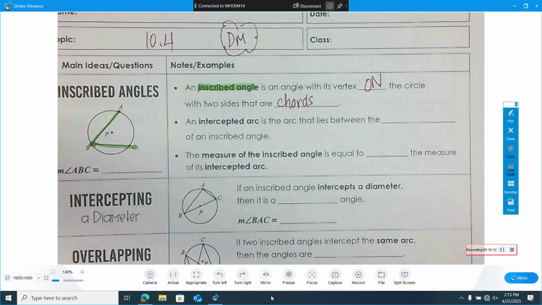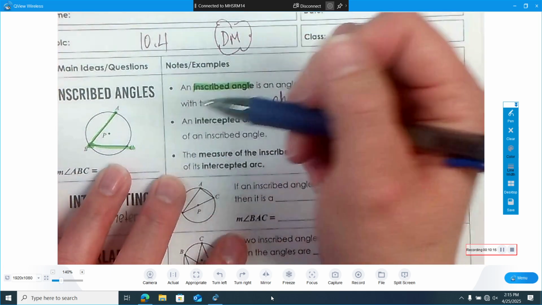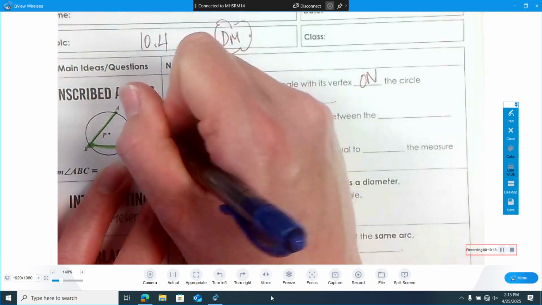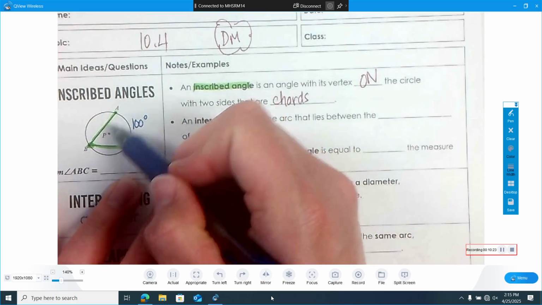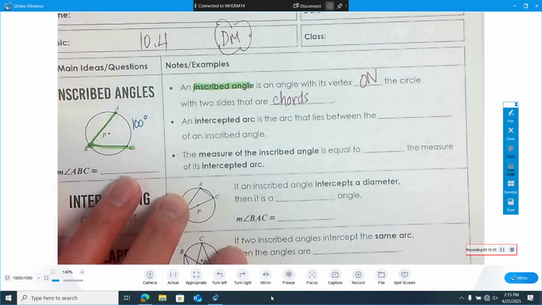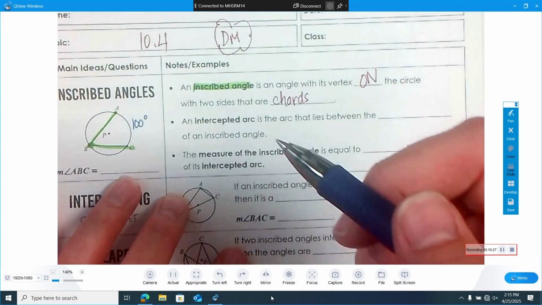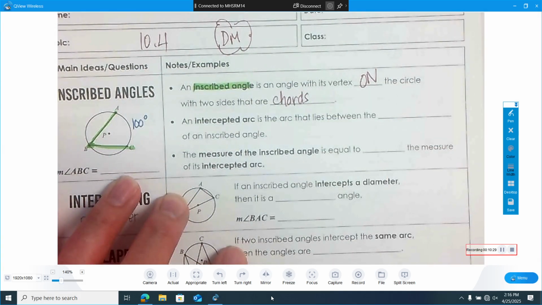Hey, wait, before you leave, write this down. Really fast. This is so easy. If the measure of this arc is 100 degrees, what do you guess that this angle is? 100. It's not 100. 80 something. 60.